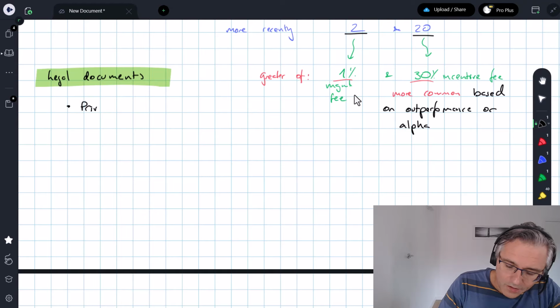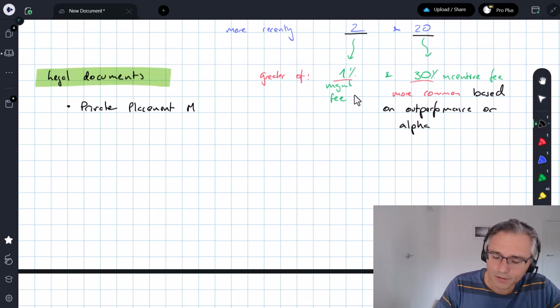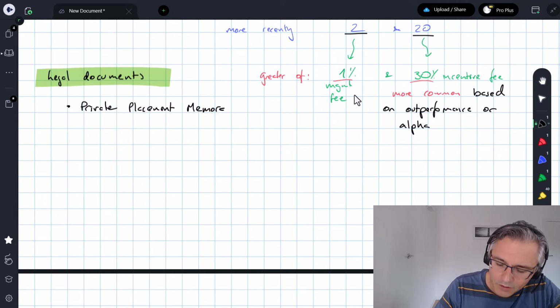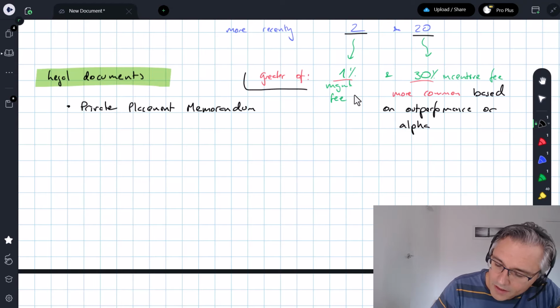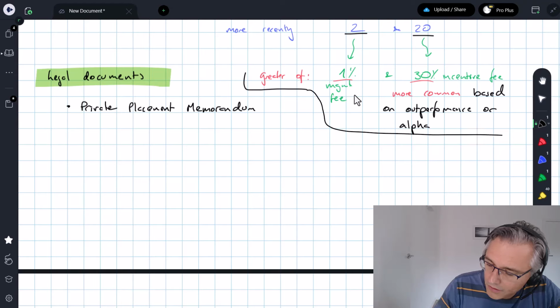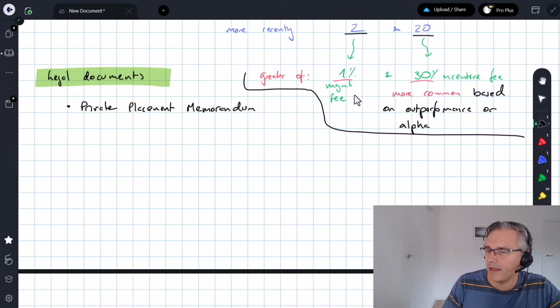So this will often be known as a private placement memorandum, because these vehicles are not launched publicly. So you're placing them, trying to place the investment privately to a selected group of typically qualifying investors. So a private placement memorandum.